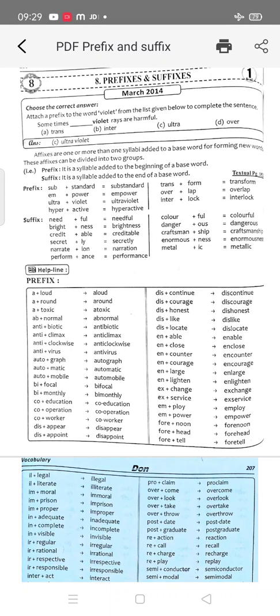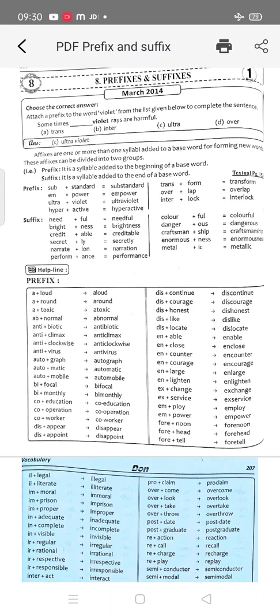When you add auto in front of graph, it will become autograph. Then matic, when you add auto in front of that, it will become automatic. Mobile, when you add auto in front of mobile, it will become automobile.